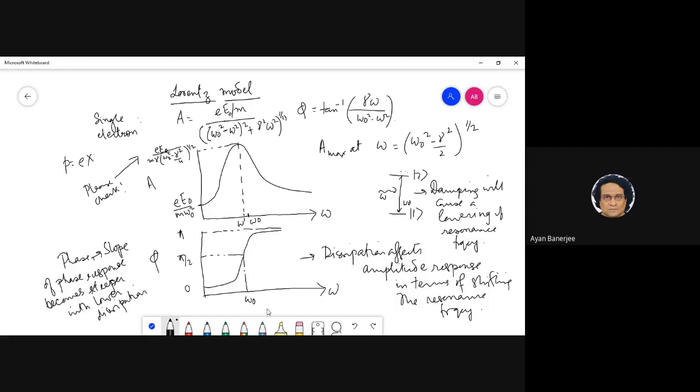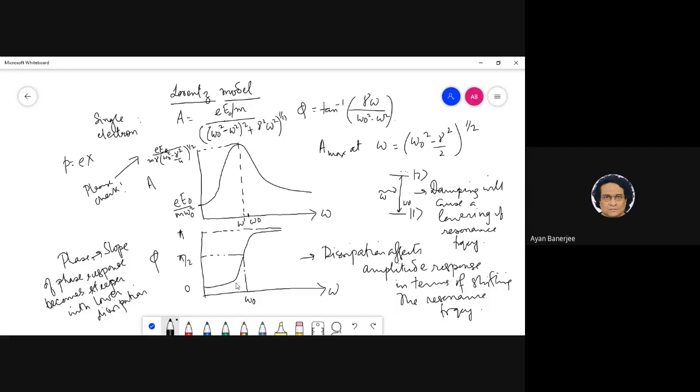It is also very crucial to note that around resonance the phase changes by pi. When you further study these systems and resonance phenomena in other areas of physics, the understanding physicists generally have is that the phase shifts by pi around resonance.